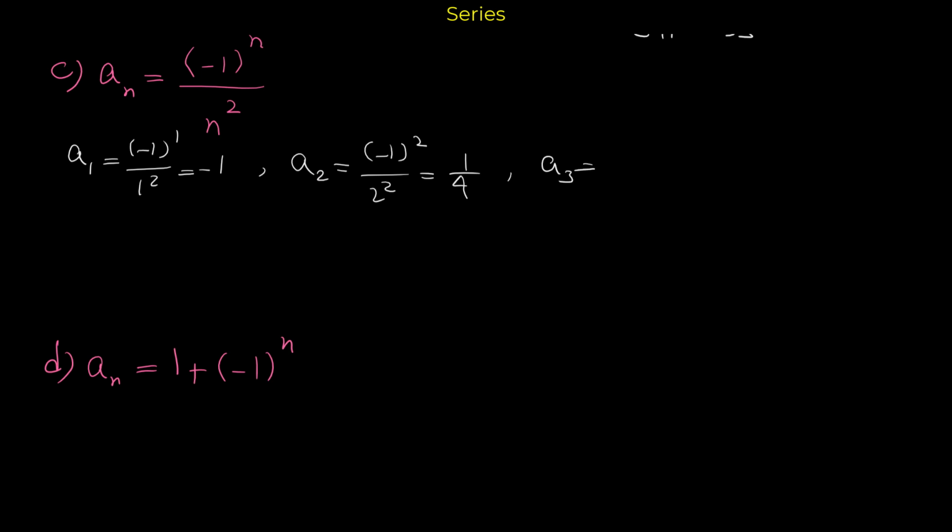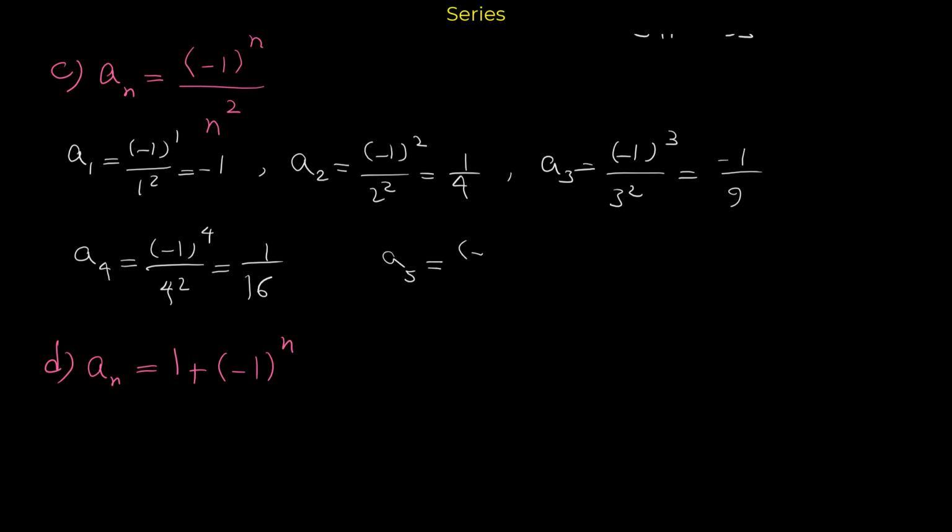The third term is (-1)^3 over 3^2, and it is -1 over 9. The fourth term is (-1)^4 over 4^2, and it equals 1 over 16. And the fifth term is (-1)^5 over 5^2, it's -1 over 25.